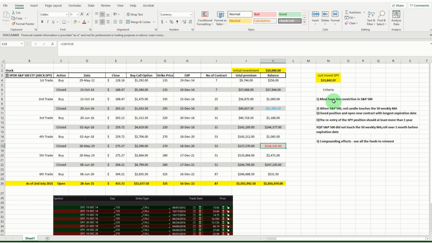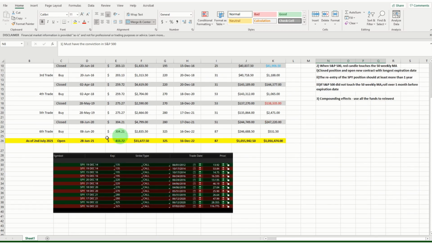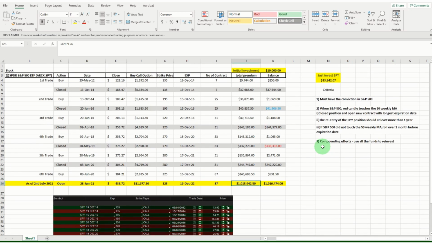You need to refer back to the first criteria, which is conviction. So reinvest again, and the monster trade is on the last trade, whereby you can see that from 246,000 all the way to more than 1 million as of 2nd of July. So this trade is still open.